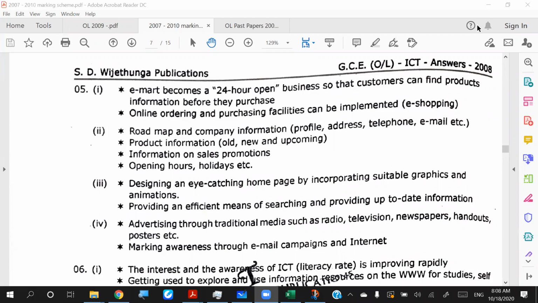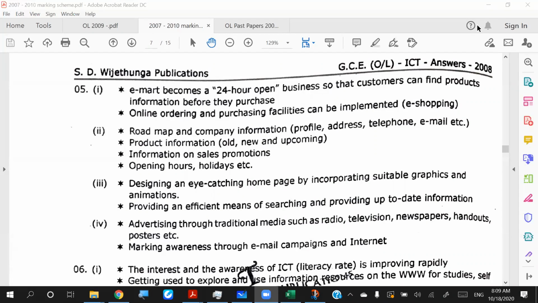So you can say the traditional ways of doing it, like advertising in newspapers, radio, television, handouts and posters, and the electronic media based things, like email campaigns, SMS campaigns, and social media marketing.